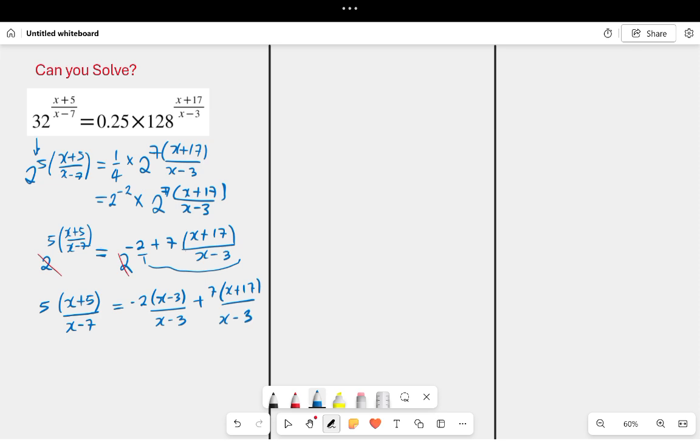Okay. Now, next step, we are going to combine this fraction here on the right hand side so that we just have a single fraction.